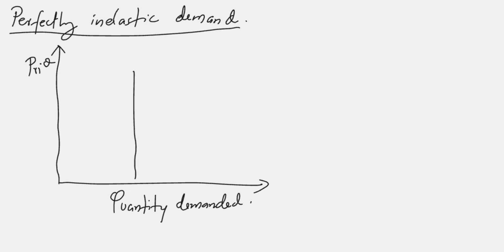This is how it looks like as a demand curve. It simply means that even if you keep on changing the price from P1, from P2, then the quantity demanded remains the same.